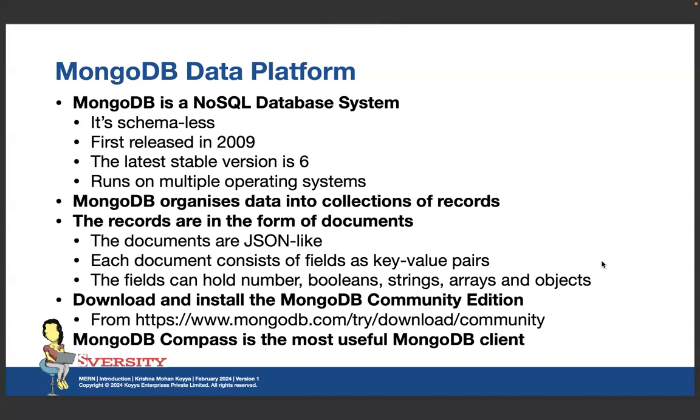Right? So each document consists of key-value pairs or name-value pairs, and these keys can be different in different documents. But of course, we need to design the way we want. It supports that. And the field values can be simple numbers or booleans, strings, or arrays of other values, or again some other JSON document.